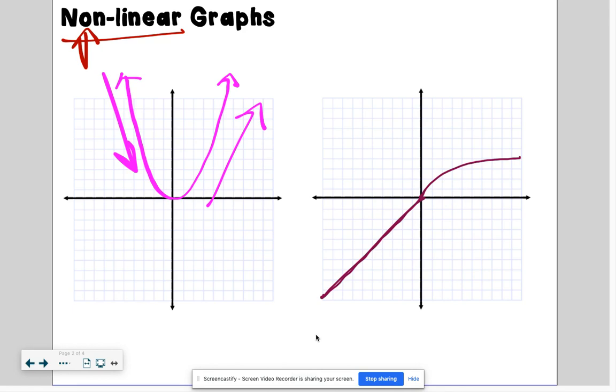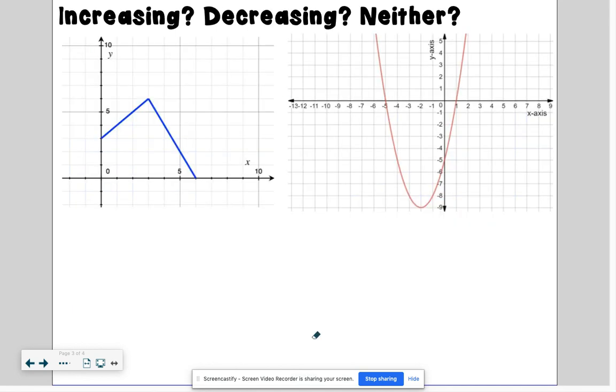Now that we know our different types of graphs, we're going to look at trying to describe them. When you're doing this lesson in iReady, you're going to be focusing on not only thinking about whether this graph is linear or nonlinear, but you're also going to be looking at whether that graph is increasing, decreasing, what's the graph doing?